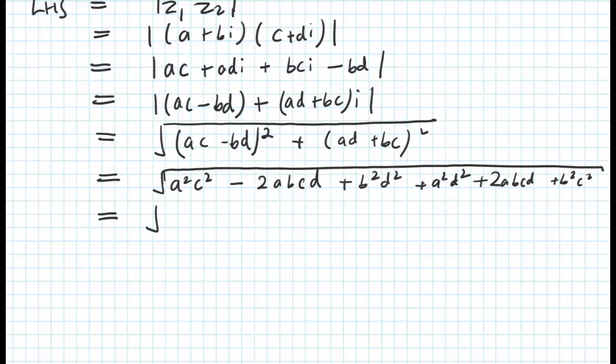And then we'll notice that the two middle terms cancel out, and we're left with a series of terms, a squared times c squared, etc.